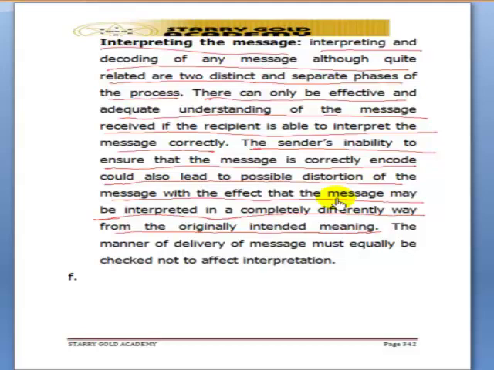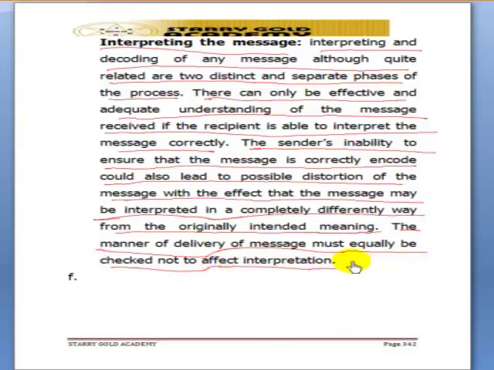All right, and that is why we say simplicity is the rule of the game, especially in language. You have to be simple in order to communicate efficiently. Then the manner of the delivery of the message must equally be checked not to affect interpretation.